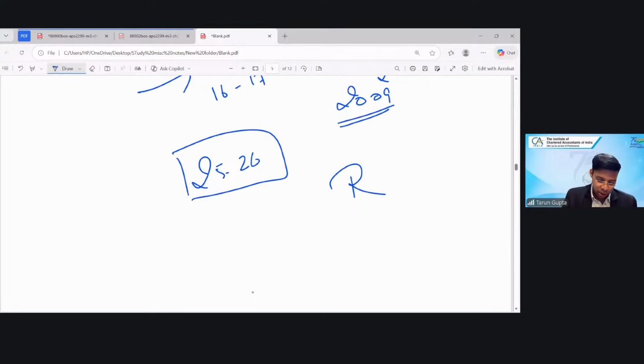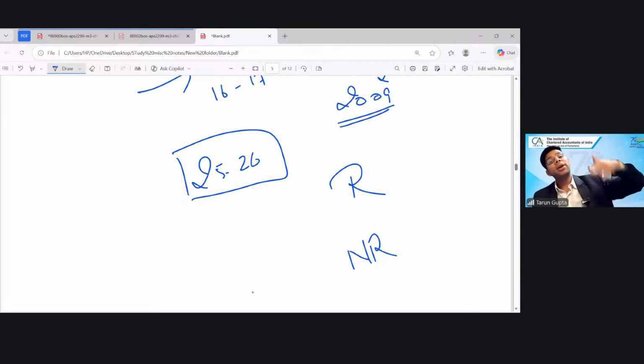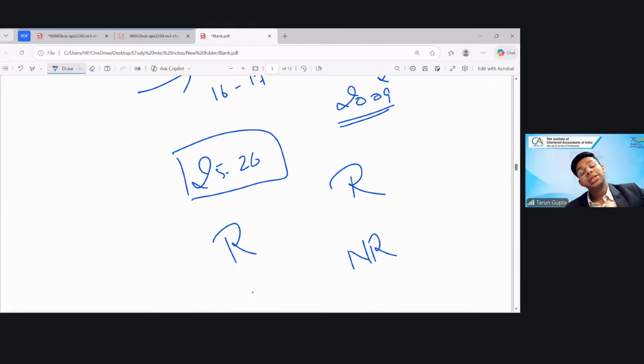There may be a situation that you now are an NR, but at the time when the income accrued, or at the time when you actually acquired the asset, you were an R. So, if you were an R at that time, and now you are an NR in India, still you will be subject to the Black Money Act. So, who is the assessee?